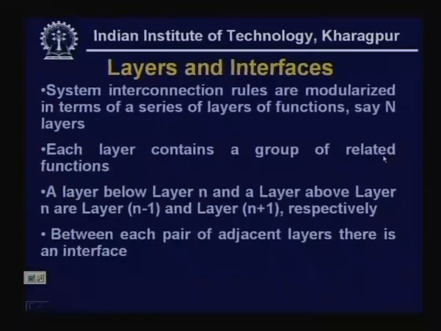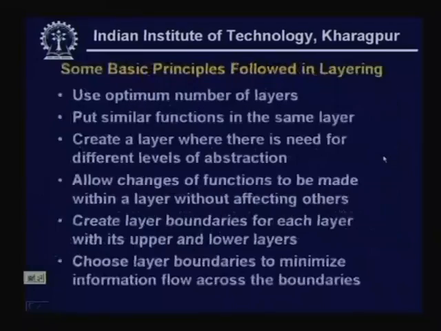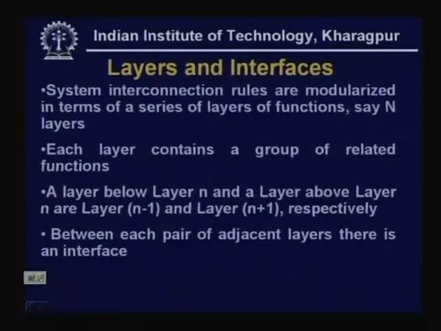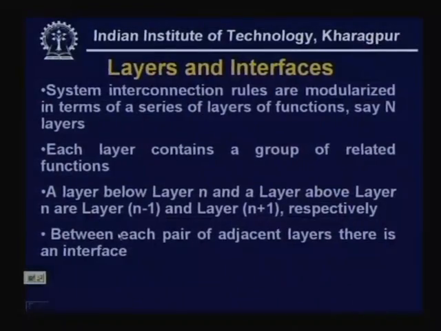Then the system interconnection rules. Here, as I was mentioning, we have to create layers and also the interfaces between layers. In such a case, we have to see that the system interconnection rules are modularized in terms of a series of layers of functions, say n layers.